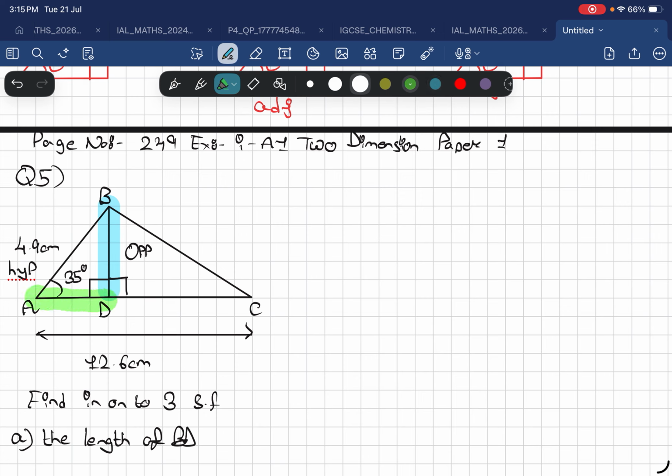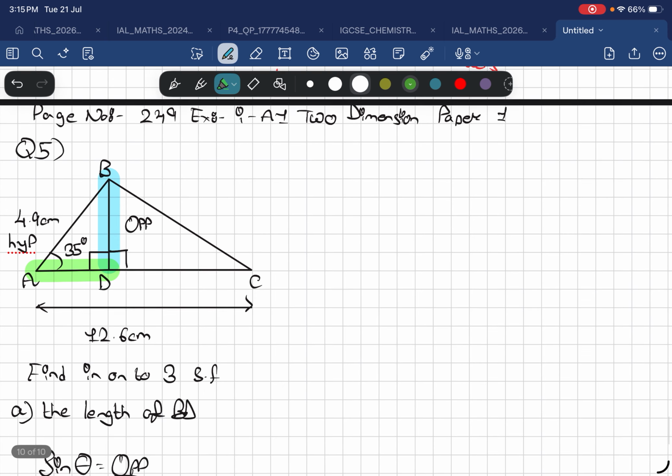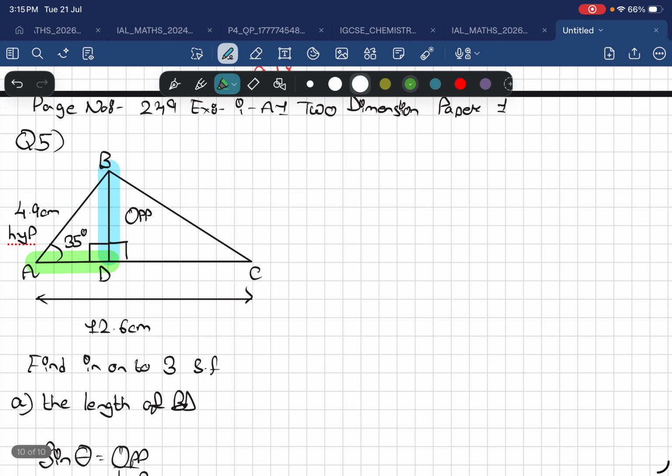They told us now to find this side AD. We already know AB, the angle between them is 35, and now we have found BD. Now they told us to find AD. Okay, how will we find it?